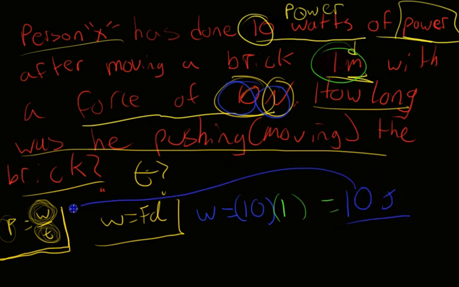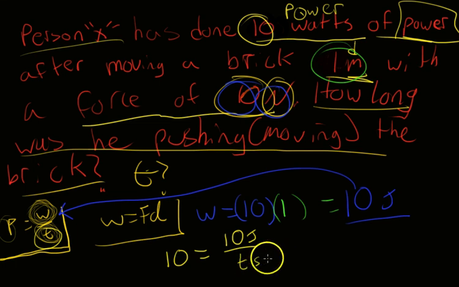So now we have W equal to 10. Now we can look at our power equation. What is our P? 10 watts. 10 watts is equal to W, 10 joules, over our T, which is our unknown. That's what we're trying to find. Our T in seconds, just to be friendly with SI.